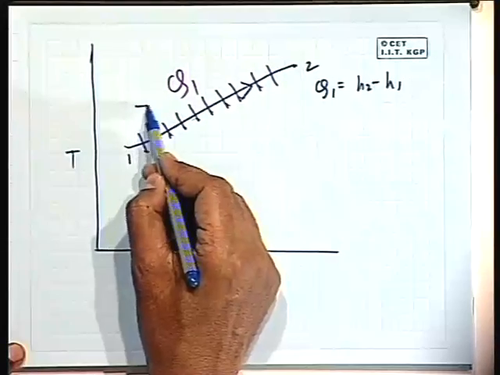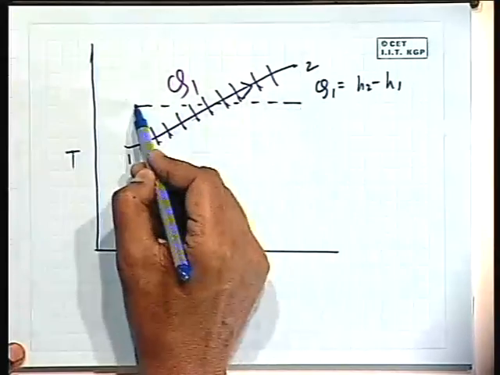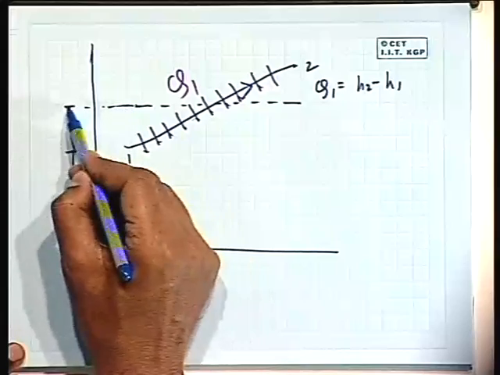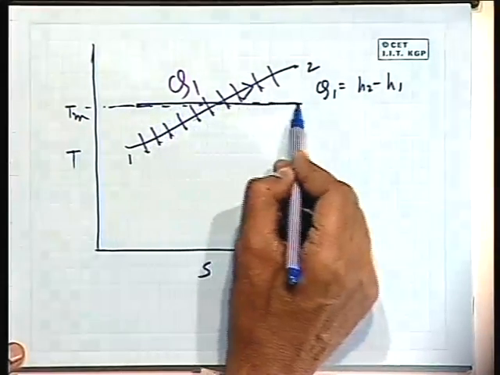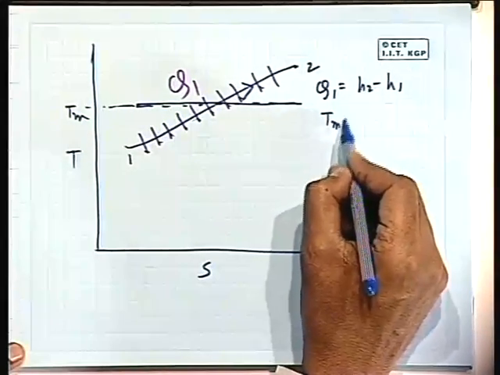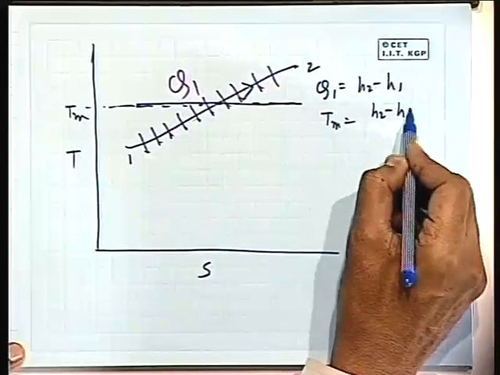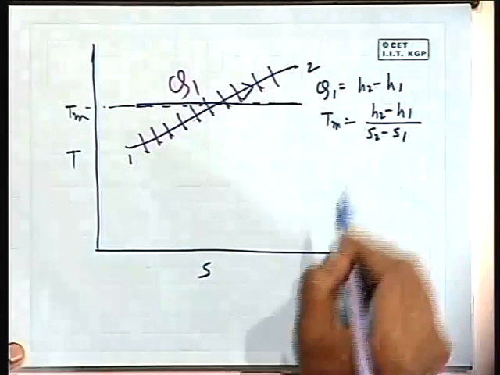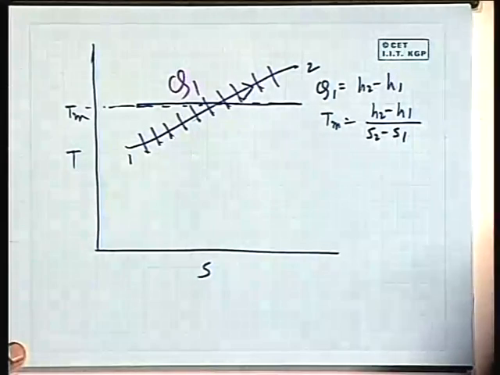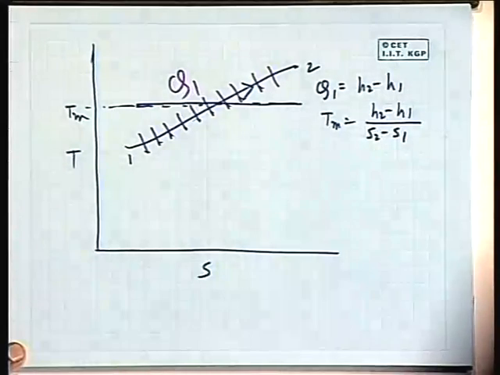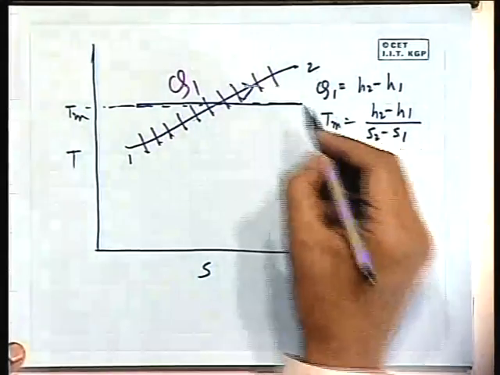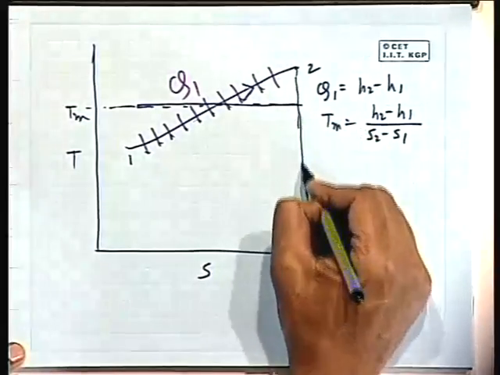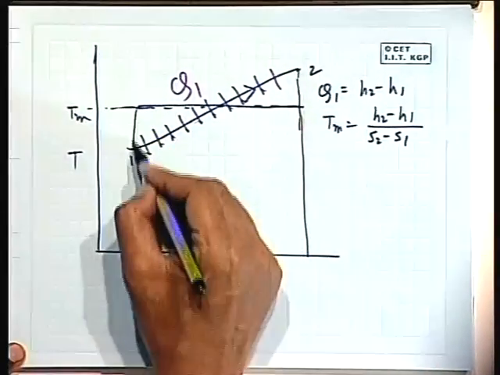A mean temperature Tm is defined as H2 minus H1 over S2 minus S1. This is a question which can come in the examination also. Graphically this can be explained like that.